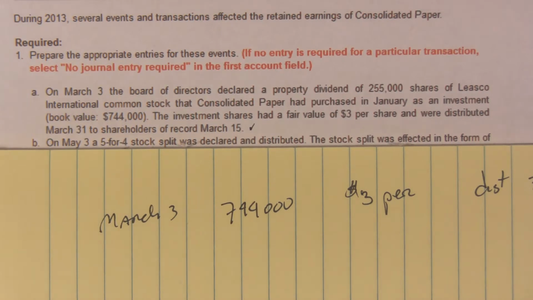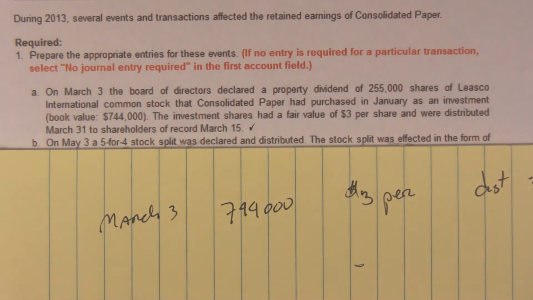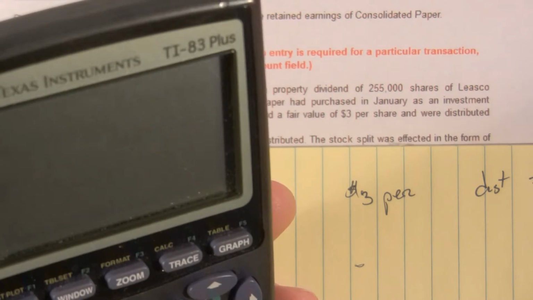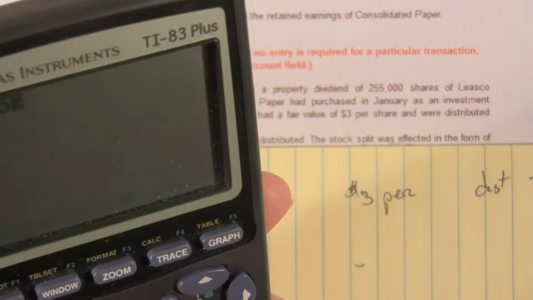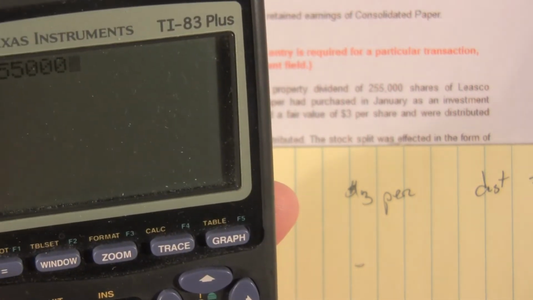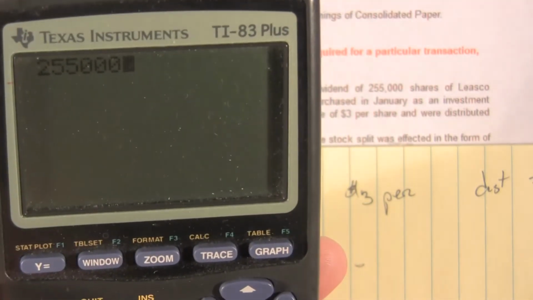Okay, just to be safe, let me make sure that we have this. We purchased 255,000 shares, and the value of them as of the date of declaration is $3.